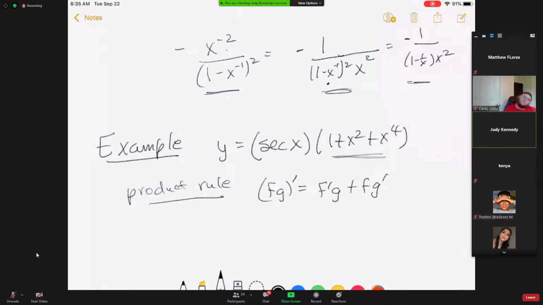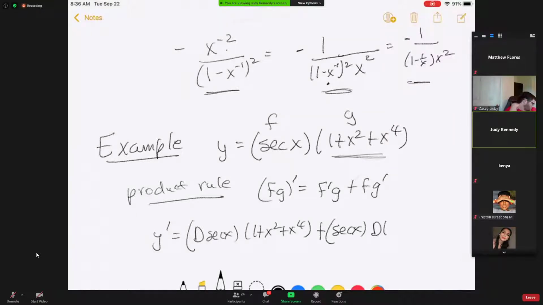And so, well, call the f is a secant function, g is that polynomial, and y prime then is, let's just write it out, the derivative of the secant times the polynomial plus the secant of x times the derivative of the polynomial.